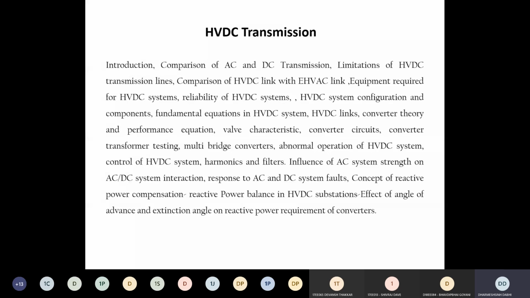So we understand the theory of converters and their performance equations in particular situations. Then valve characteristics. A valve is nothing but a switch, maybe a combination of thyristors or IGBTs. Clear? In an HVDC system it is called a valve because it is not a single thyristor.